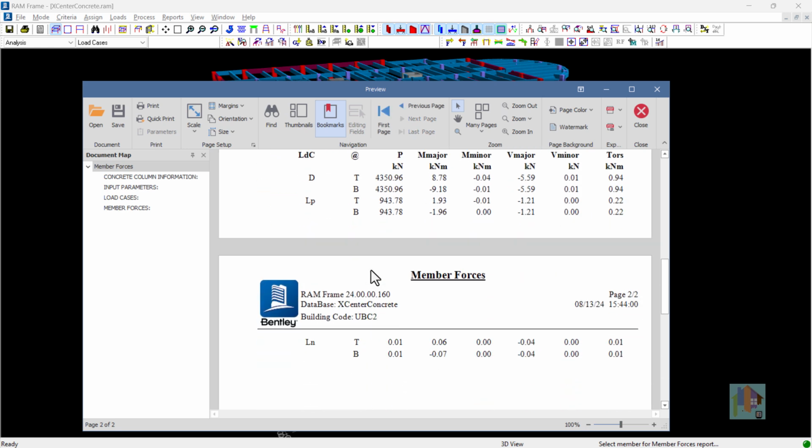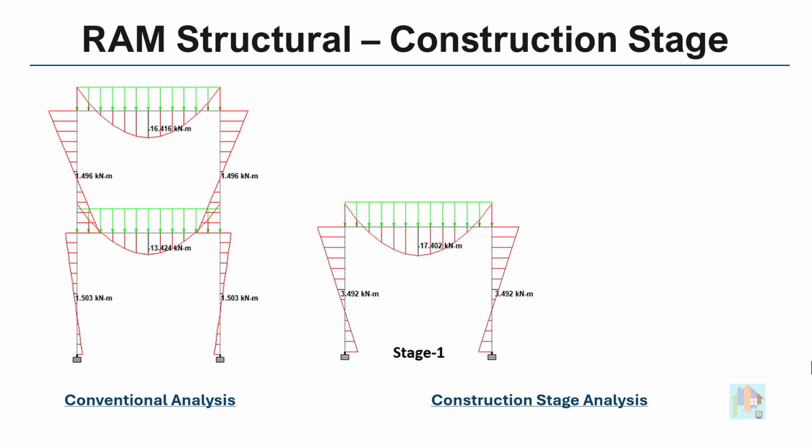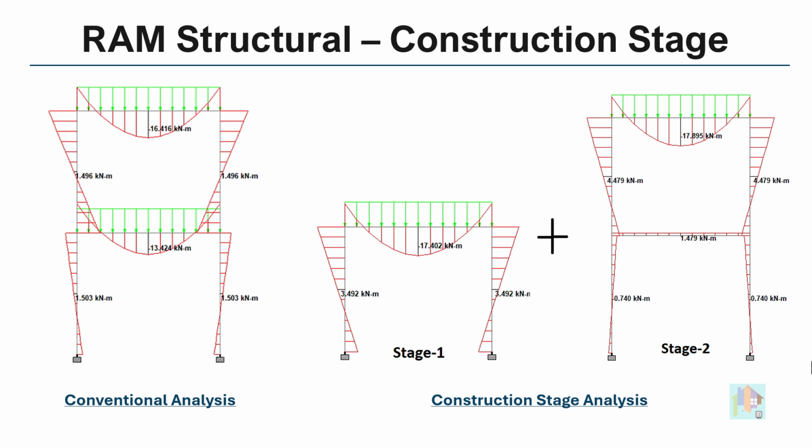When we analyze any structure in RAM, the stiffness method is followed where the stick model is used for analysis, considering member and element stiffness and applied load. During analysis, all loads with full intensity are applied on the structure. This is true for a completed building, but during construction stage, all these loads are not present. Even the load intensity is not maximum.